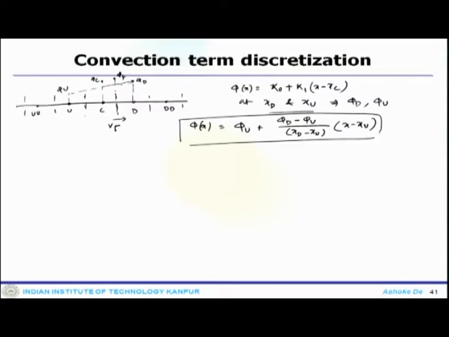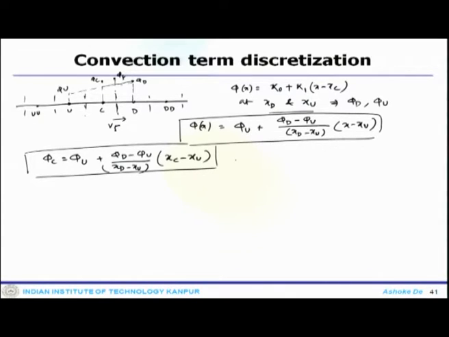Now, again one can carry out a similar exercise for this particular scheme, and what you end up getting is that phi c, you can calculate as phi u plus (phi d minus phi u) divided by (x d minus x u) times (x c minus x u).